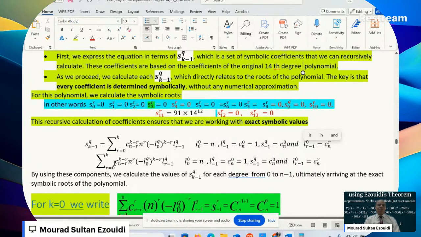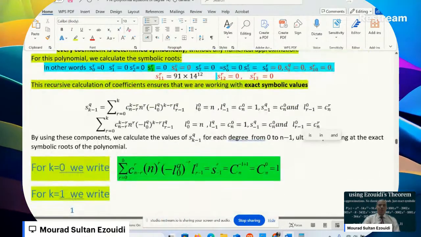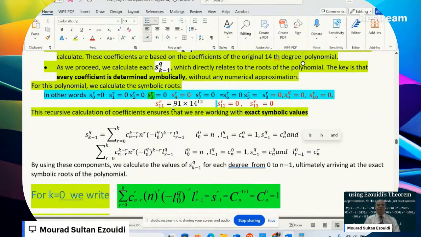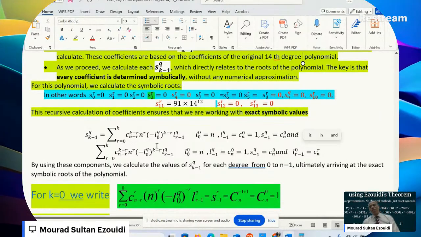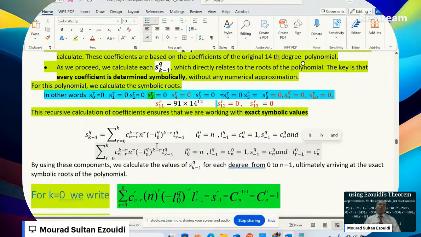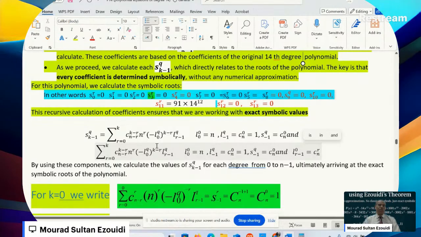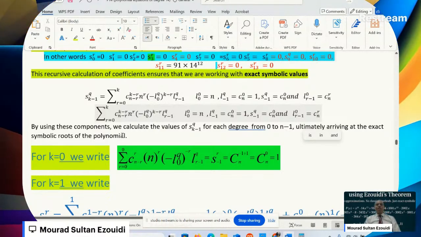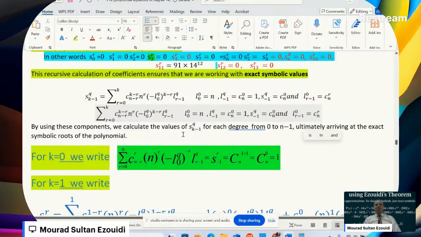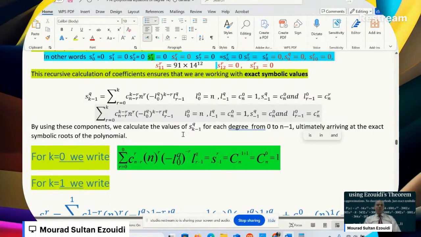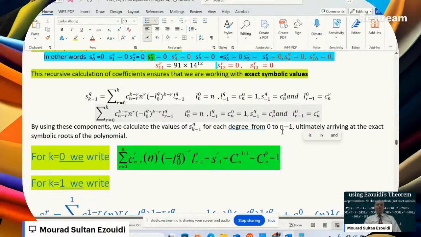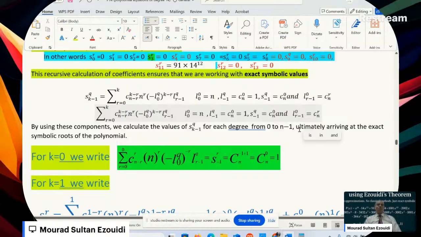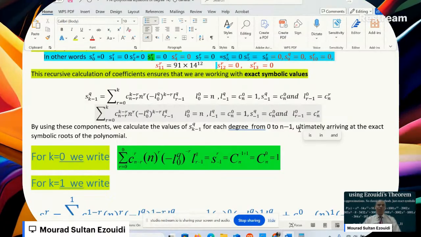Okay, let's start with S minus 1. I will use the theorem of Mourad Sultan, which means I'm going to work out all the values of Sk minus 1, where k belongs to the set of numbers from 0 to n minus 1, which is 14 minus 1. Here, using the formula, we calculate the values of Sk minus 1 for each degree from 0 to n minus 1, where n denotes the highest power, ultimately arriving at the exact symbolic roots of the polynomial.